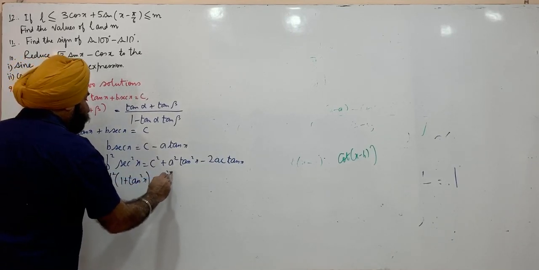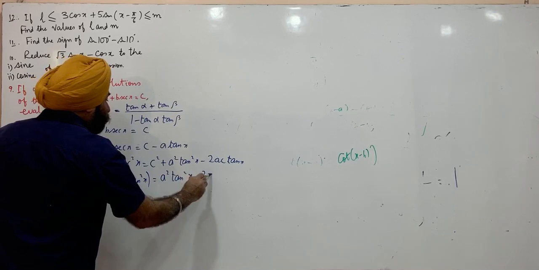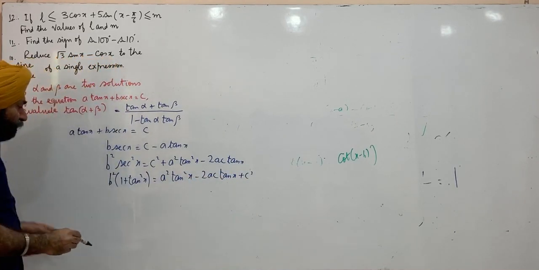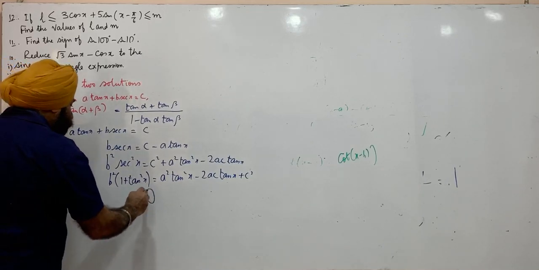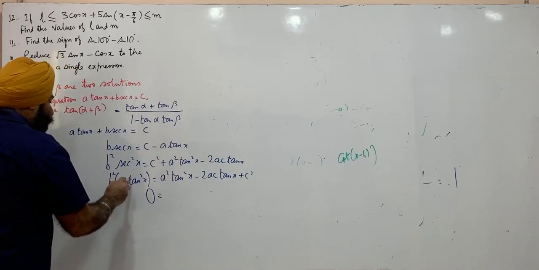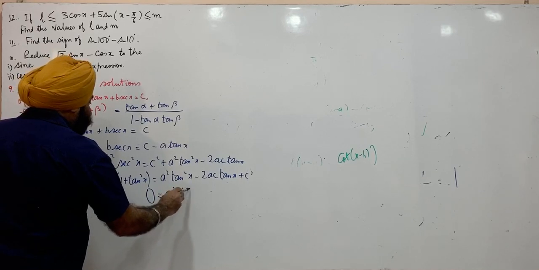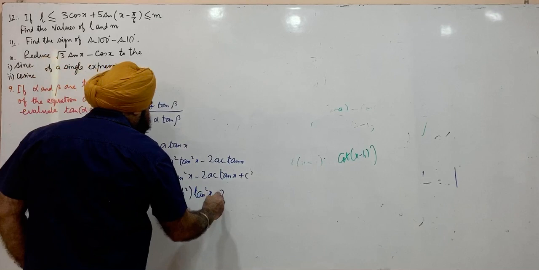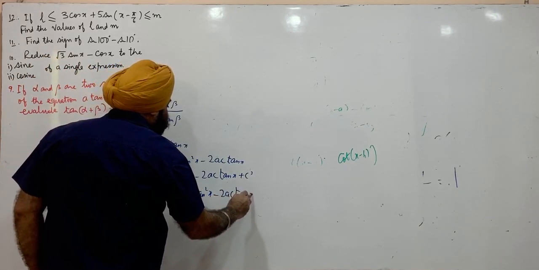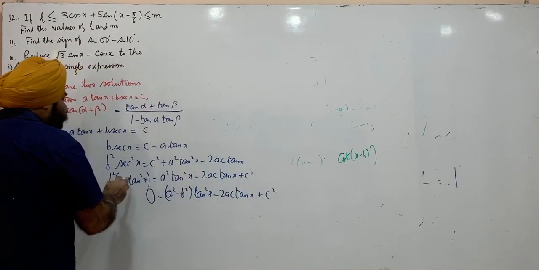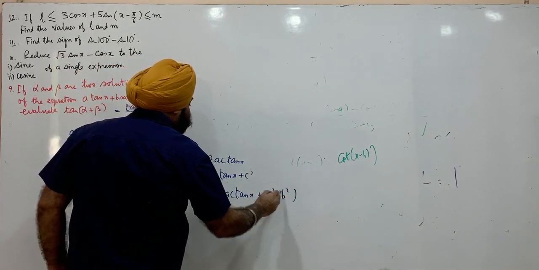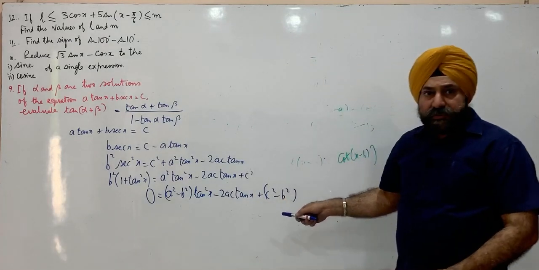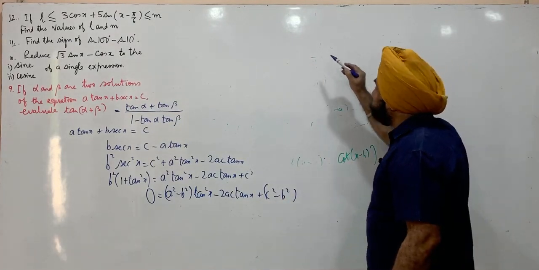This is a square tan square of x and plus this is c square. Shifting all the terms to the right hand side, this is a square minus b square. So a square minus b square into tan square of x minus 2ac into tan of x and plus c square minus b square. So we observe that this is quadratic in tan of x.